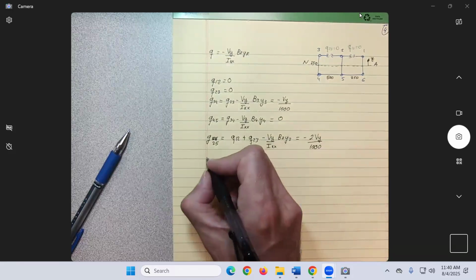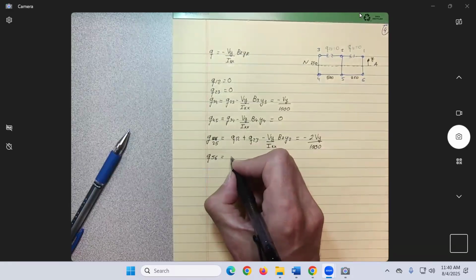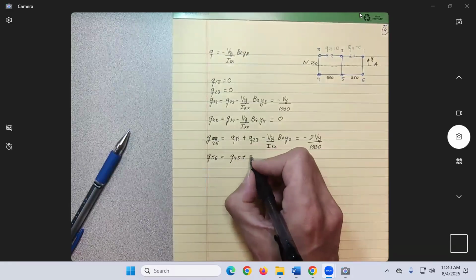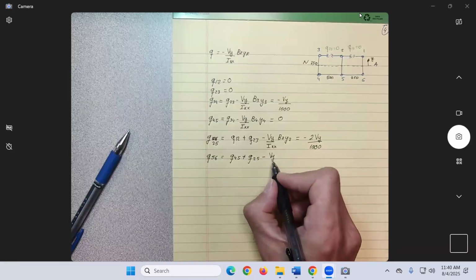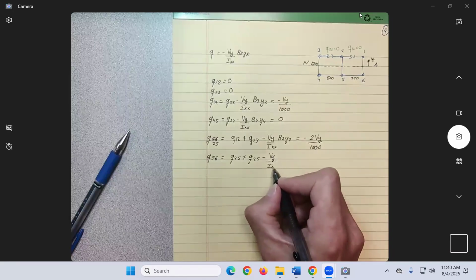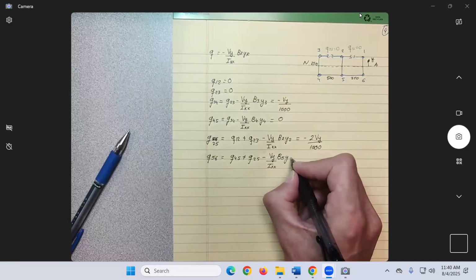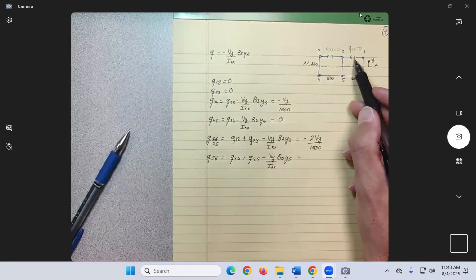Now I can go to Q56. That would be equal to what? Q45 plus Q25 minus Vy over Ixx B5 Y5. But if we did that correctly, what should we get?